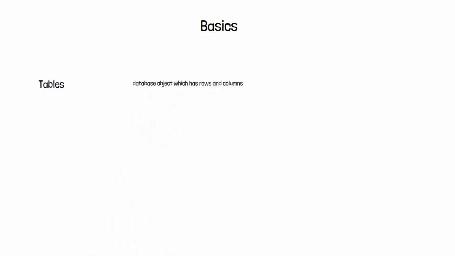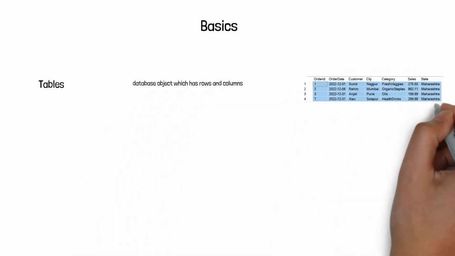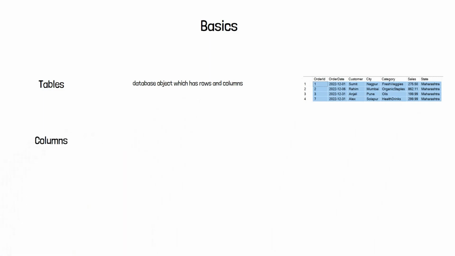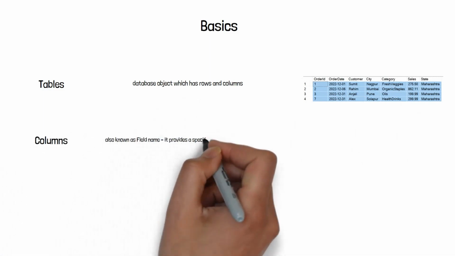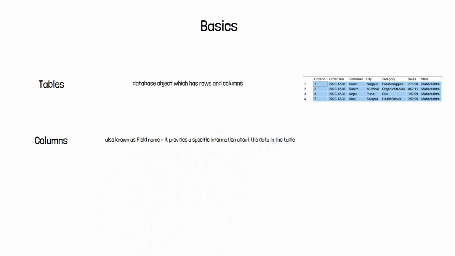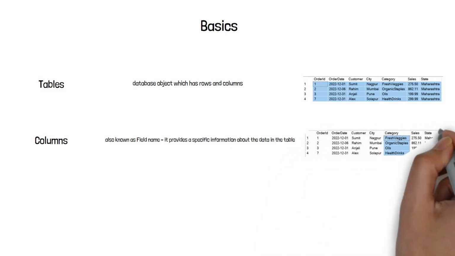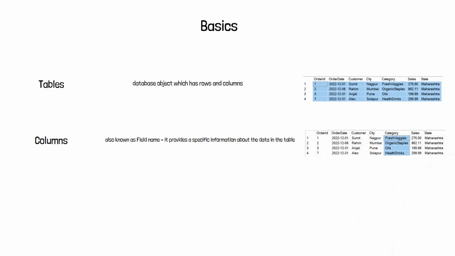The tables are the database objects which have rows and columns of data. And what are the columns? Columns are also known as field names or just fields. They provide specific information about the data in the table.